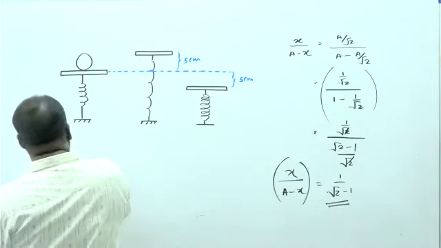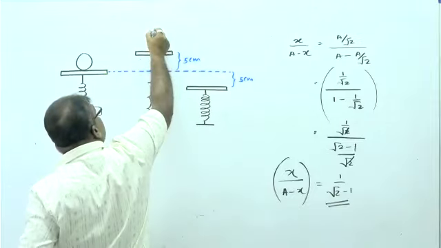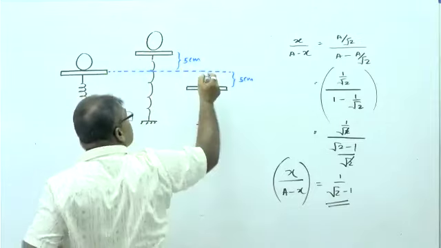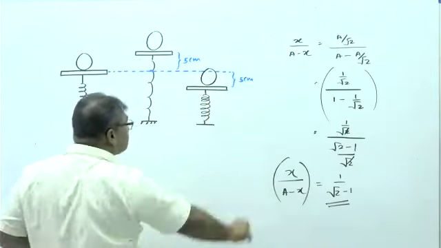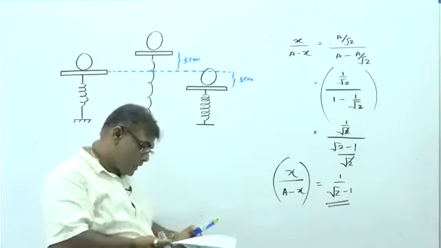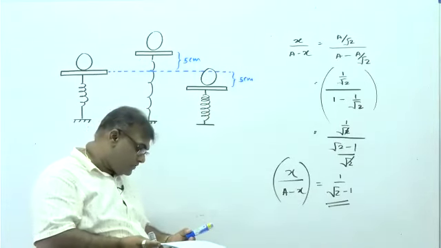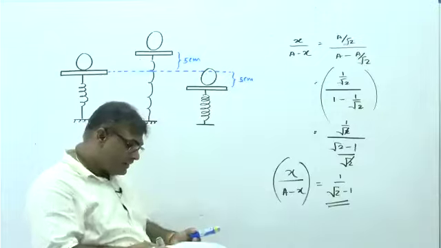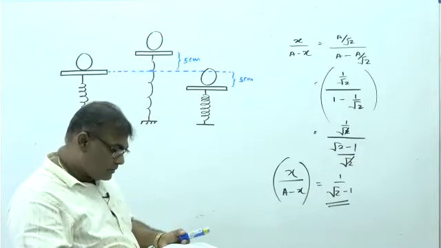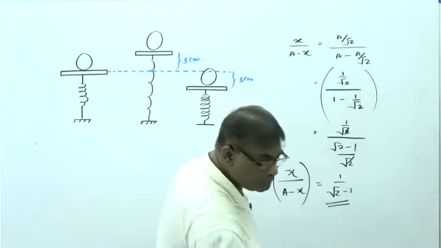A man of 60 kilogram stands on the platform. If the machine on the platform gives the person's weight against time, find the maximum and minimum reading that will show.